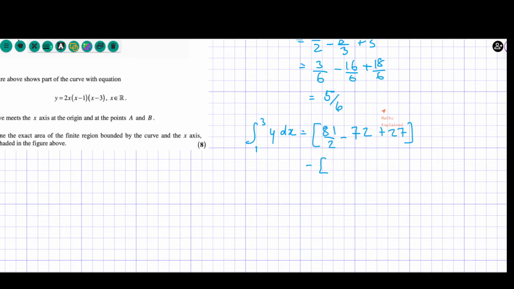I was just kind of going over it as a process rather than explaining myself. But we subtract the integral at 3 and then at 1, and that gives you that area. So at 1 it's going to be a half take 8 on 3 plus 3. And then when we subtract, we'll get that area from 1 to 3.